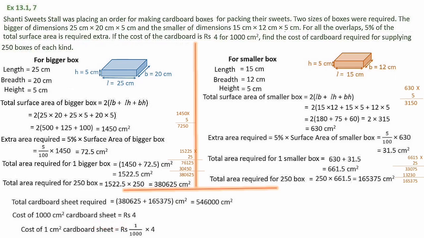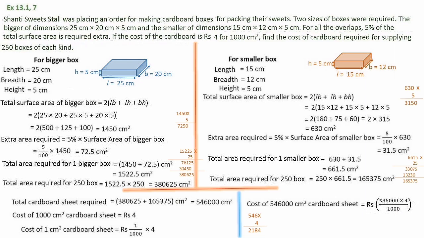We require this much centimeter square. 5,46,000 centimeter square of cardboard is required for making two types of boxes in 250 numbers. So cost of 5,46,000 centimeter square cardboard sheet is equal to this quantity, that is 4 divided by 1000. 4 divided by 1000 into 5,46,000. So 5,46,000 into 4 by 1000.